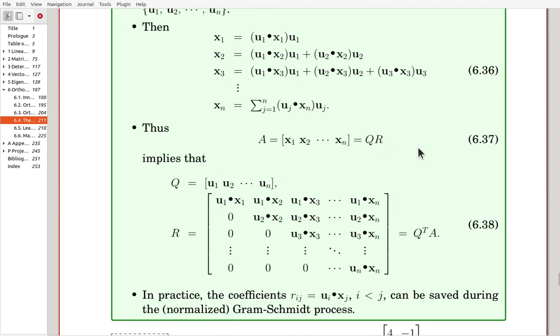Here R has this form. Now this is u1 with x1, x2, and xn dot product, and from u2, and again x2 to xn, and so on in this range. In this construction, maybe some of these diagonal dot products may be negative. Then we can fix it.